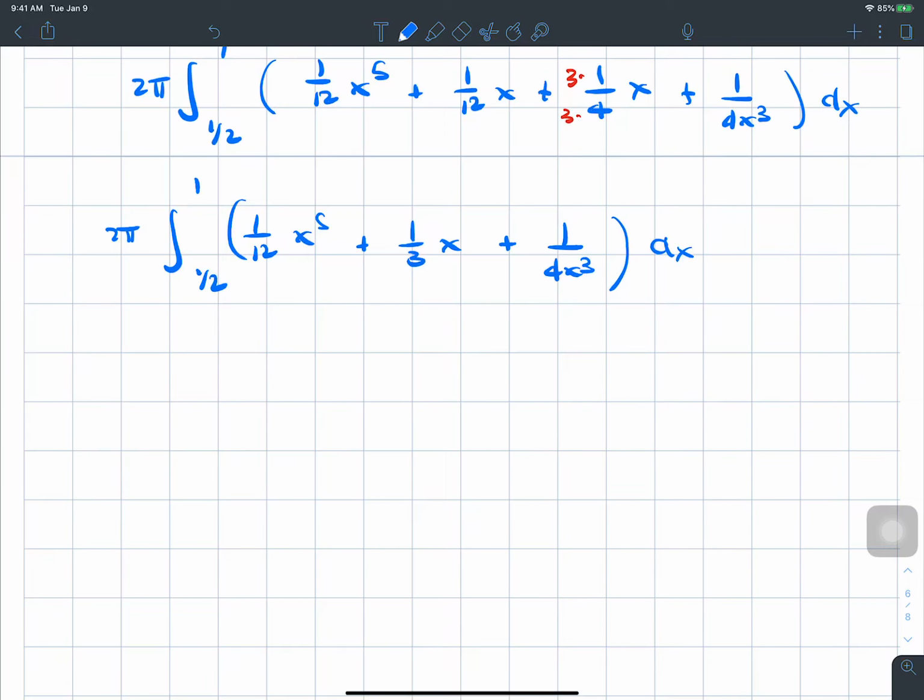Now, I guess I'll remark here, you're going to need to integrate. So what you should get when you integrate here, I mean, if you like, you could write it all this way. Use properties of integrals. Maybe that's going to be better for us.